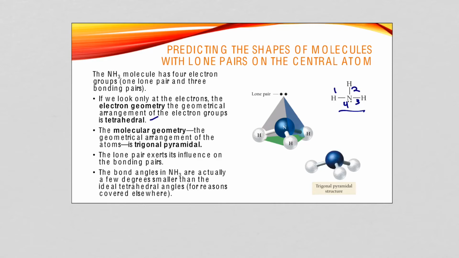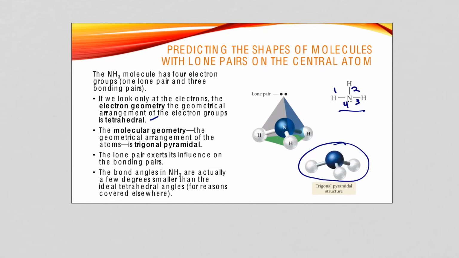But we distinguish it in terms of the geometry. We have a special name for it because what we're really naming is the shape of the atoms, right? That lone pair is there, but it's not part of the shape. It influences what the shape of the other atoms are going to be or how far the other atoms will be apart from each other, but it's not really part of the shape of the molecule.